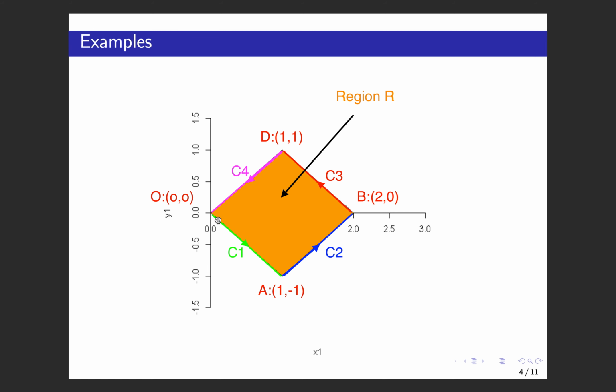We can split C into 4 paths: C1, C2, C3, and C4, where C1 goes from the origin O to the point A, C2 from A to B, C3 from B to D, and C4 from D to the origin. We need all these points to find the parametric representations of each of these paths.